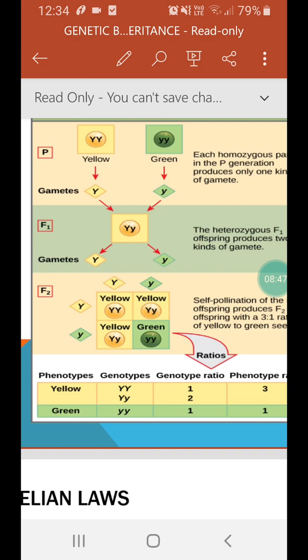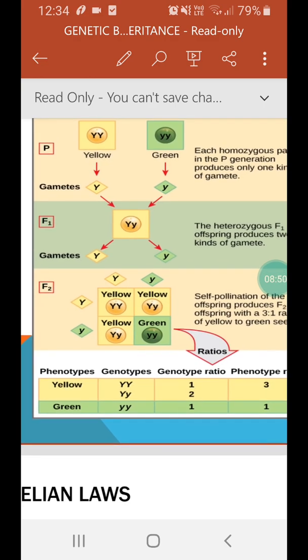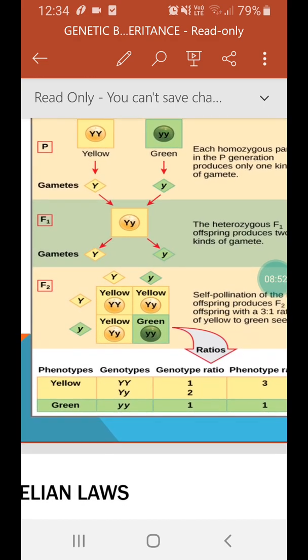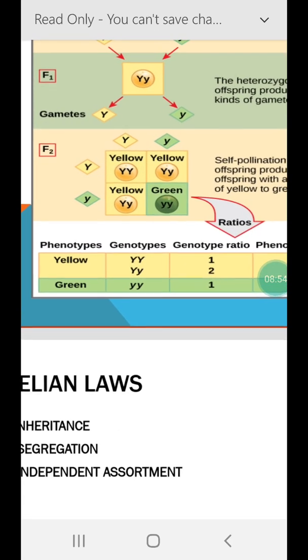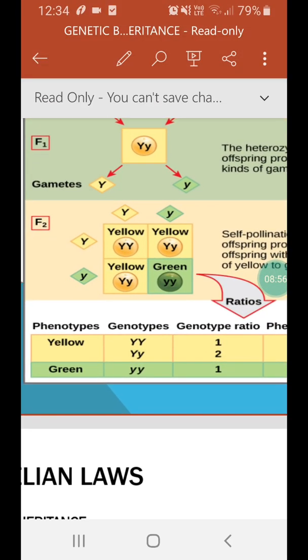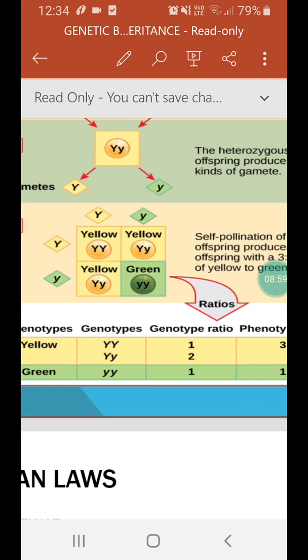When selfing was done to raise the F2 from the F1, he got a ratio of 3:1. That means when selfing of the F1 generation was done, he got 3 yellow seed color plants and only one green seed color plant. So this is the phenotypic ratio 3:1.